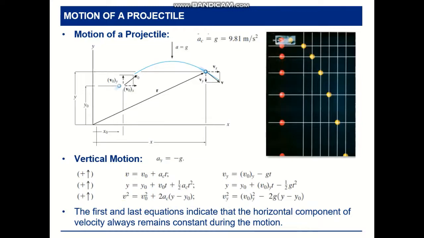For the horizontal, after we pass the horizontal motion, we just check out the vertical motion.